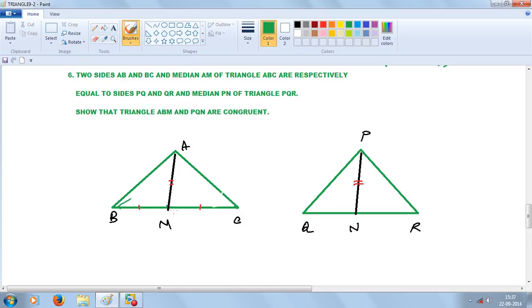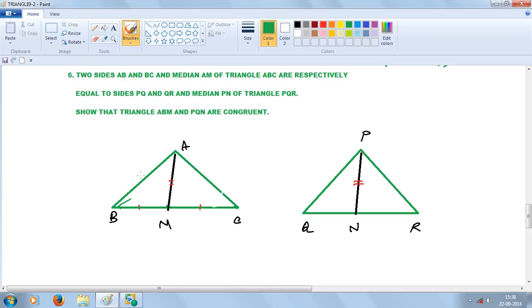Median means the opposite side is divided into equal portions. PN is the median of another triangle PQR, with sides PQ and QR. Show that triangle ABM and PQN are congruent.